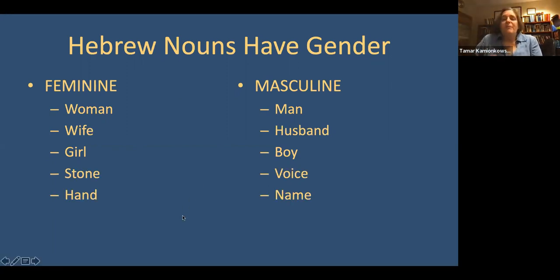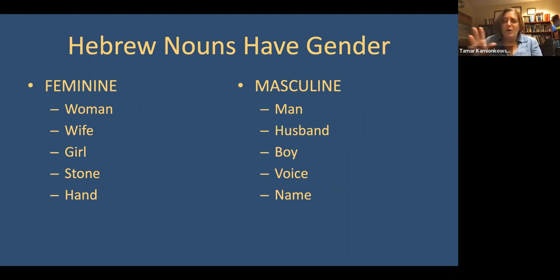But most words don't have any kind of obvious relationship to a particular gender. So you can see that stone, which is even, and hand, the Hebrew word is yad, are grammatically feminine, while words like voice, kol, or name, shem, are grammatically masculine.